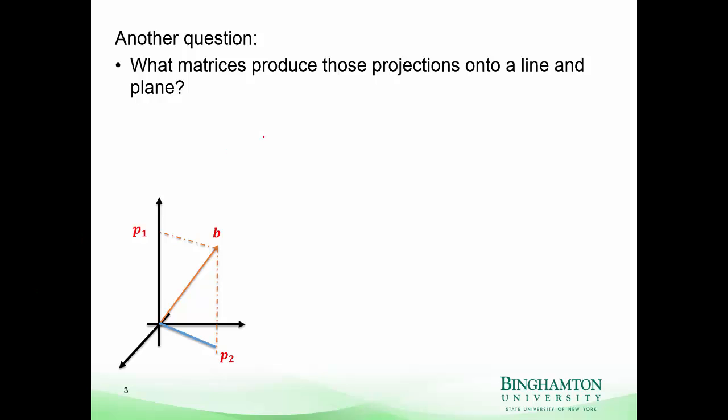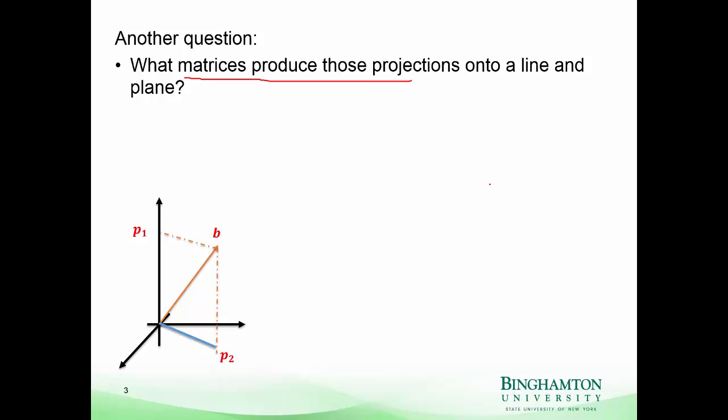So let's ask another question. If we are comfortable with that view, we might ask, are there matrices that produce these projections? So I take a matrix, I multiply it by b, and it gives me p1. I get another matrix, I multiply it by b, and it gives me p2.